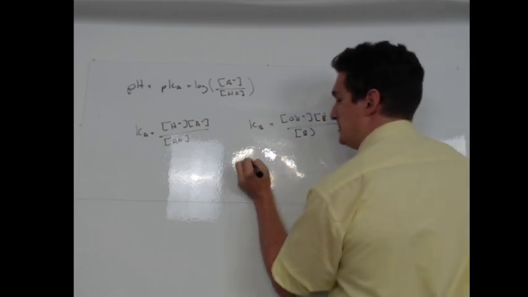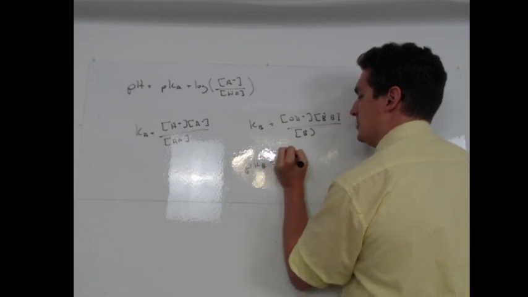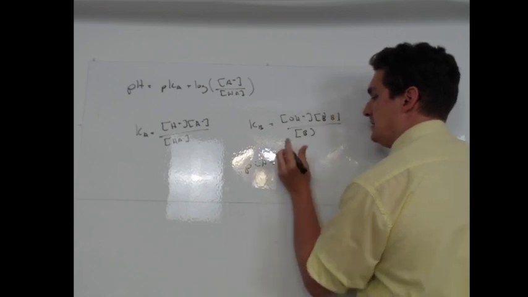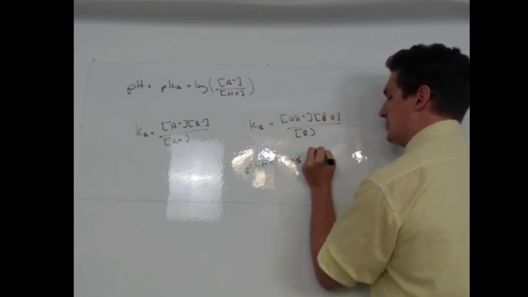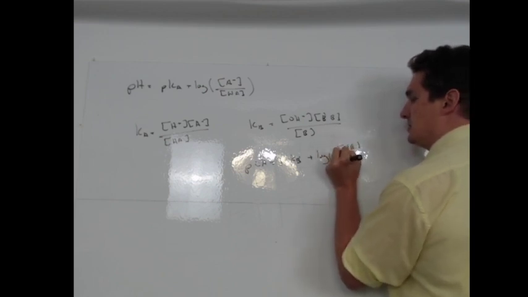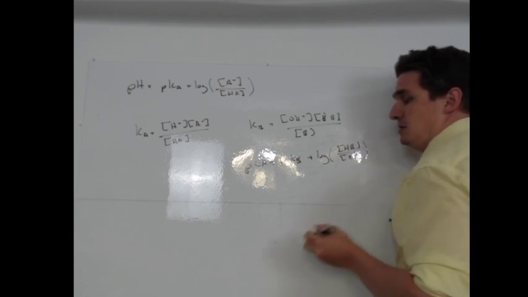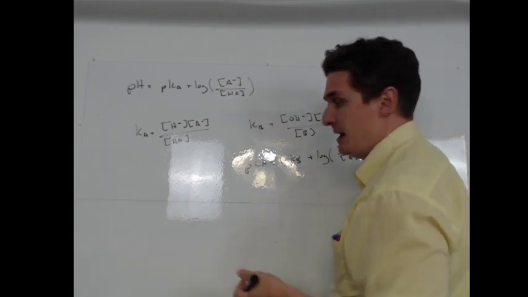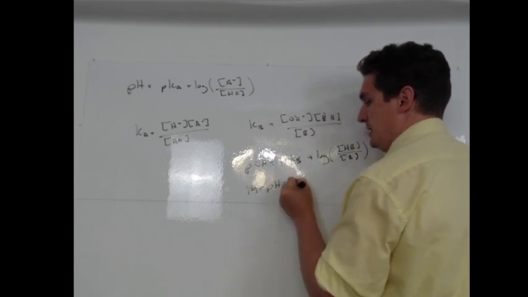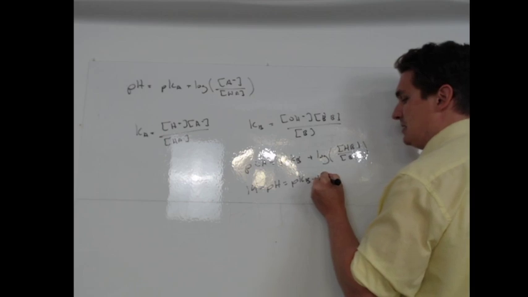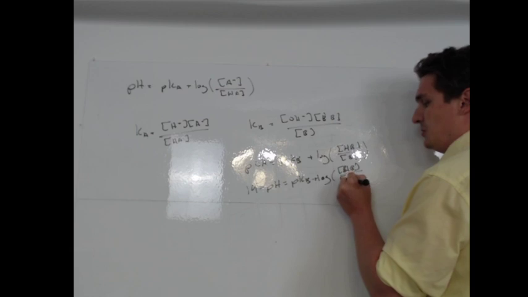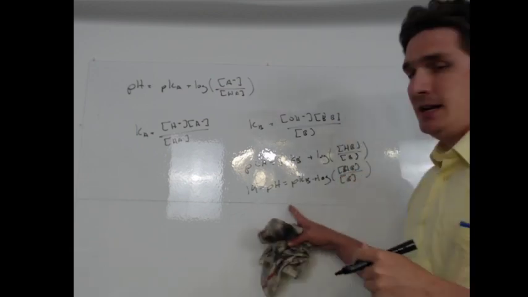And when we rearrange, we get pKb, and pOH equals the pKb plus the log of the concentration of the conjugate base over the concentration of the base. And using the relationship that pH equals 14 minus pOH, we can rearrange. So we get 14 minus pH equals pKb plus the log of HB over B.